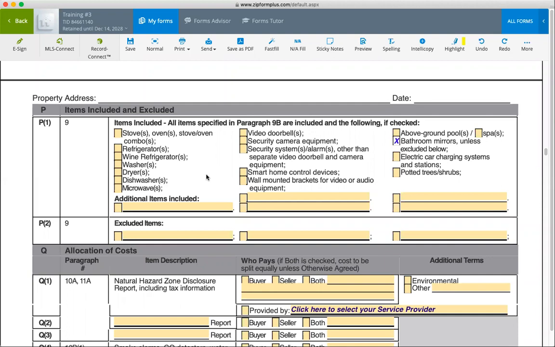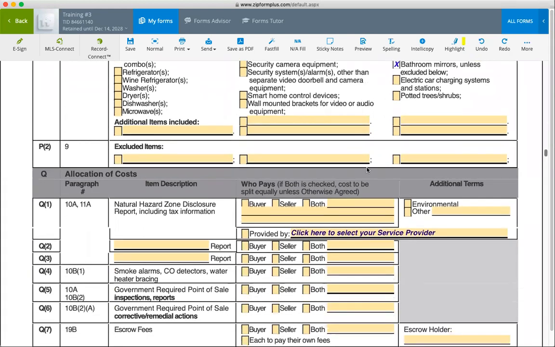So if somehow a screw up happens there, the party may turn around and say, hey, you messed up, buy me a washer and dryer. I think what my experienced agent was saying is don't mess up here. Be sure you're checking what's available. And then if there are excluded items specifically, you would check these boxes and list them.